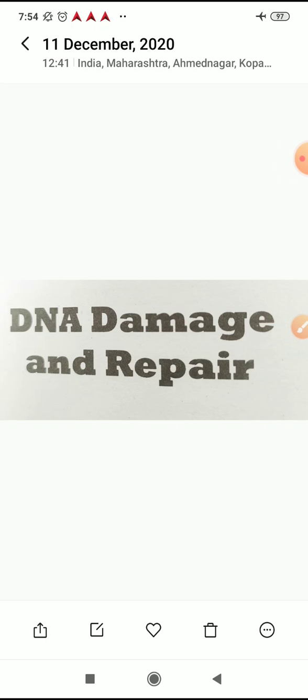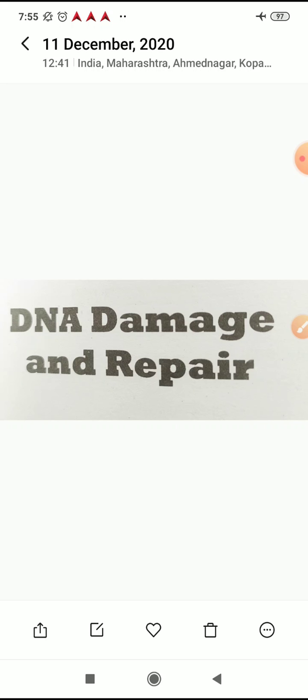Now how these damaged DNA is repaired. So repairing mechanism, we can call it as a repair mechanism in general.